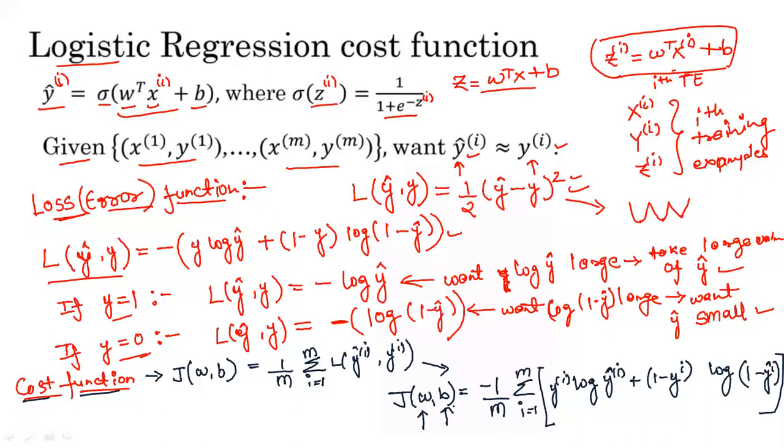And in the cost function, you are finding the parameters w and b, and this cost function is defined for the whole data set. That is, if you have m training examples, you can see here we are taking summation from i equal to 1 to m. So this adds up all the training examples that we have used in our data set. So this is the major difference between the loss function and the cost function, and you seriously need to remember this.